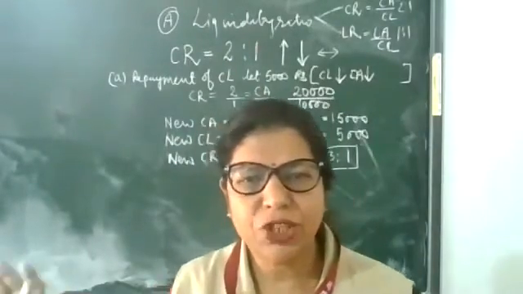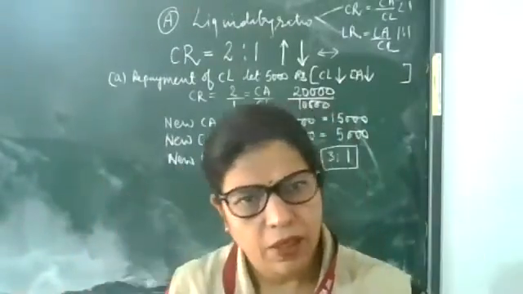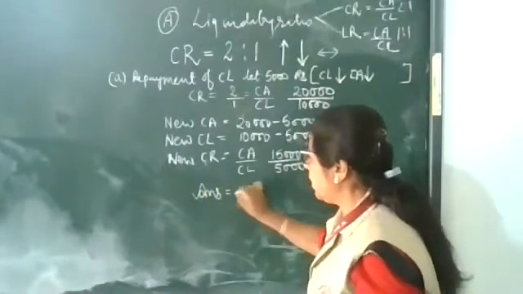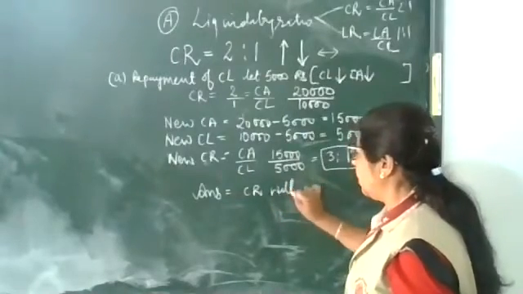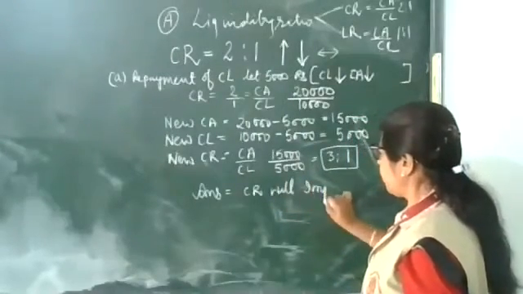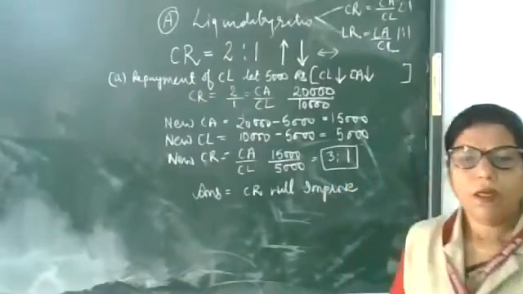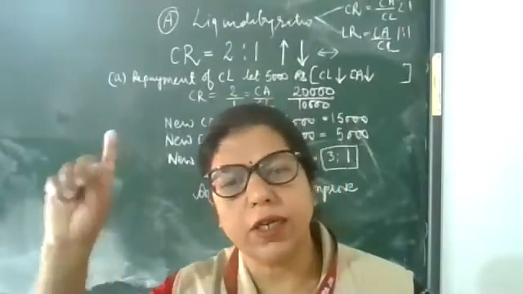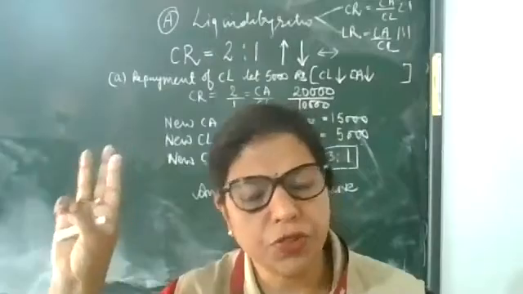The current ratio will increase. Clear? So your answer is, current ratio will improve. How can we say the current ratio will improve? Because earlier it was 2:1, now it is 3:1.